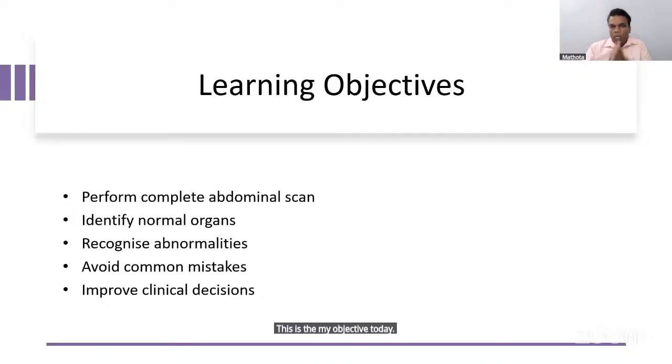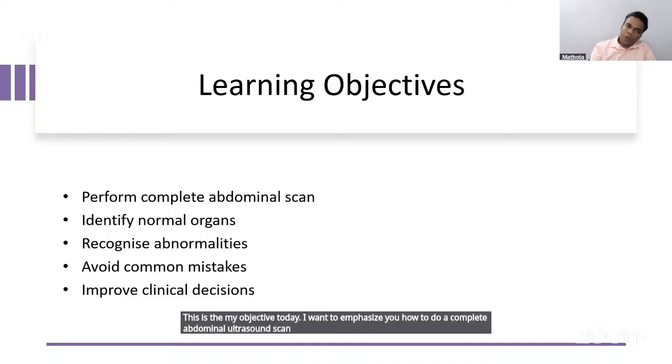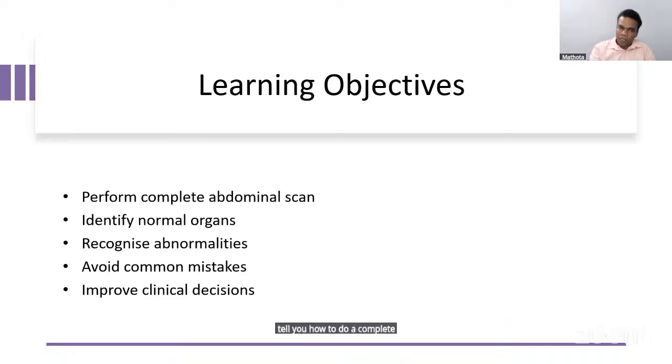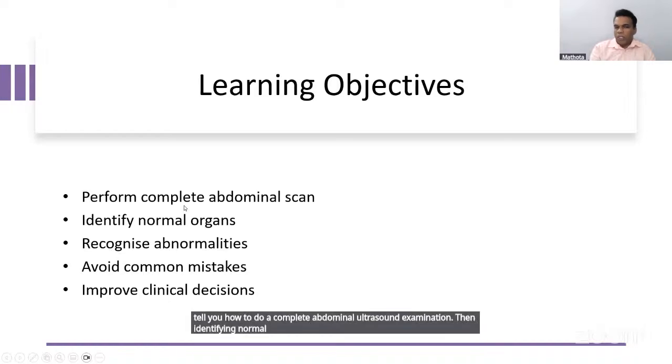I want to emphasize how to do a complete abdominal ultrasound scan, because when you do an ultrasound scan, you can do it part by part. So I want to tell you how to do a complete abdominal ultrasound examination, then identifying normal organs. How do you identify normal organs? Then how to recognize abnormalities.